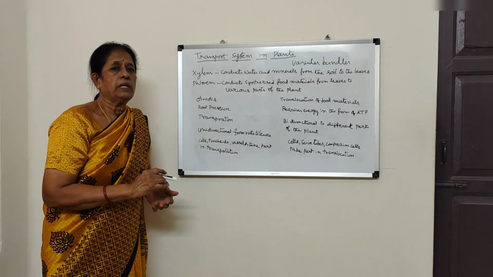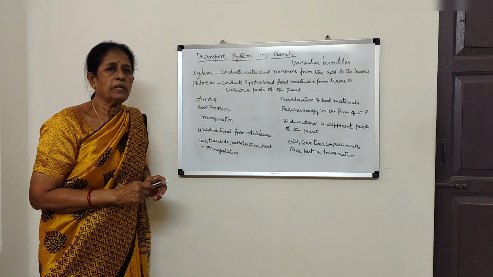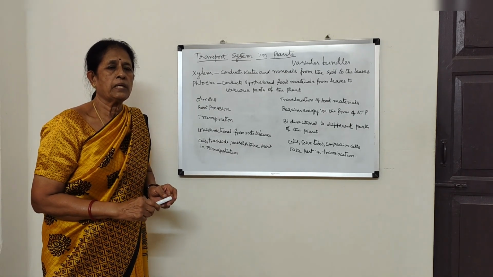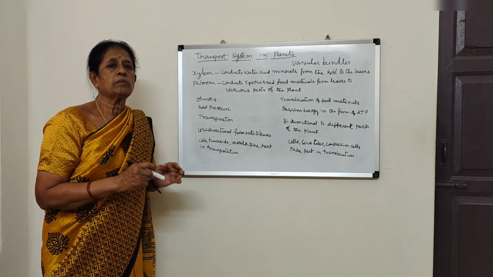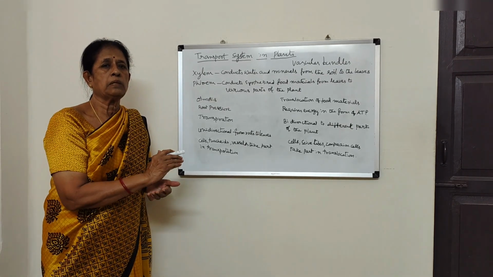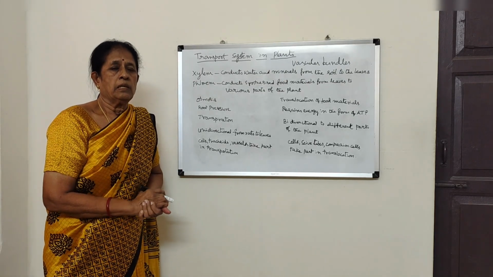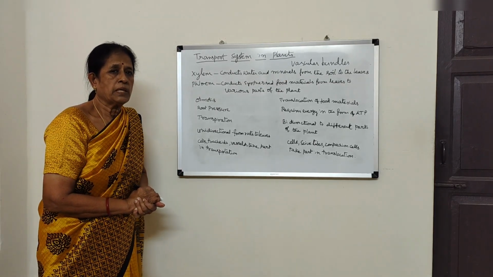I repeat, when two solutions of different concentrations are separated by a semi-permeable membrane, the movement of molecules will take place from lower concentration to higher concentration till both the concentrations become equal.